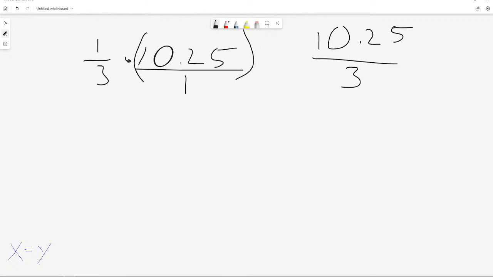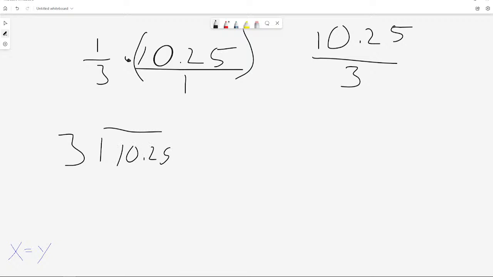Now you have a long division problem. So you end up doing the long division of 3 into 10.25. You get 3 goes into 10 3 times, that's 9. Here's a decimal, so remember to put the decimal.